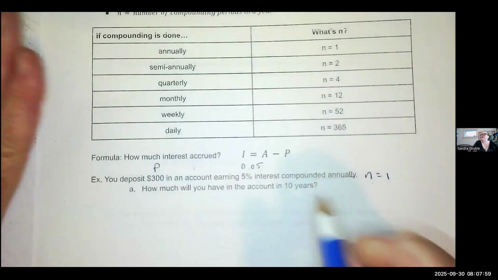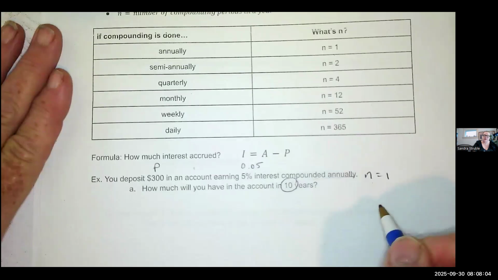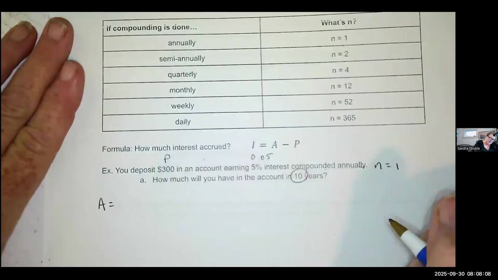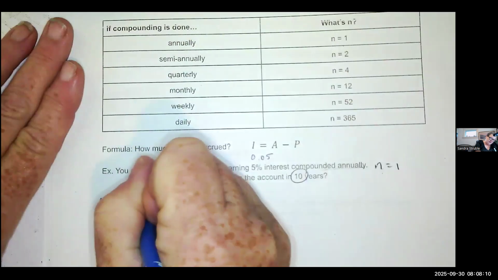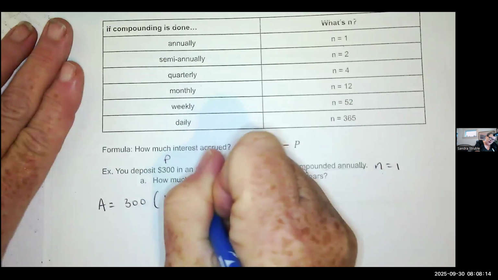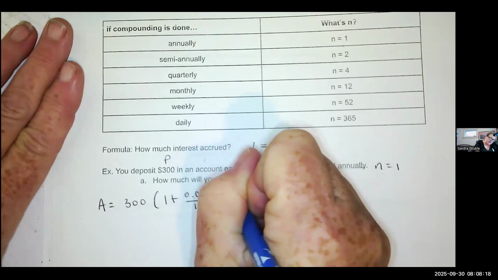My years are going to be 10. How much will you have in the account in 10 years? So I can just plug and chug. The amount I'm going to have at the end is 300 times 1 plus 0.05 divided by 1, raised to the 1 times 10.